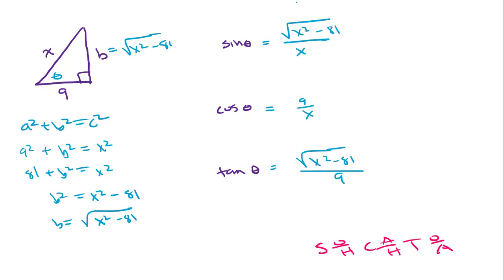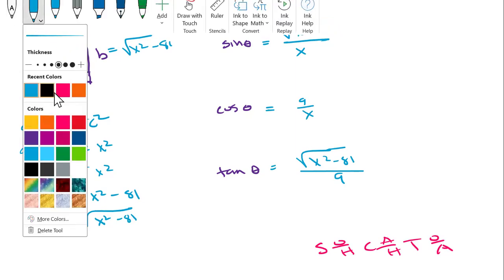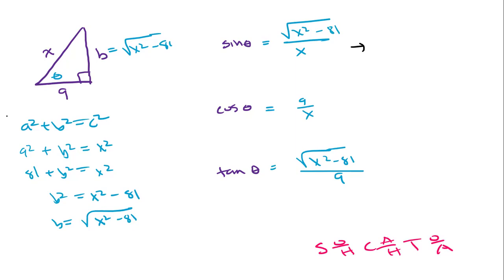Okay. Now we want the inverses of this, so we just take the inverse on both sides. So in this case, use a different marker here. So here we'll get the inverse sine of the square root of x squared minus 81 divided by x.